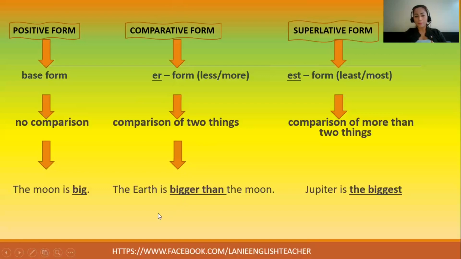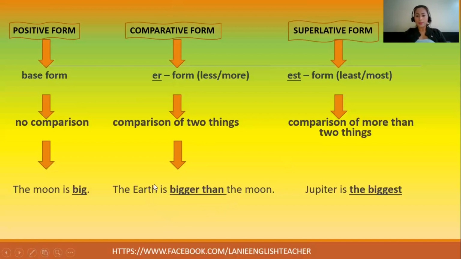Now, let's proceed to the next form, which is comparative form. The earth is bigger than the moon. We have the underlined words here, bigger than. So the adjective bigger here is in comparative form. Why? Because there are two things in the sentence being compared.